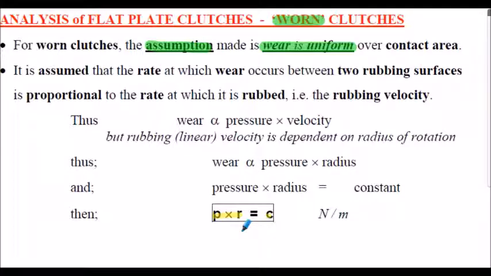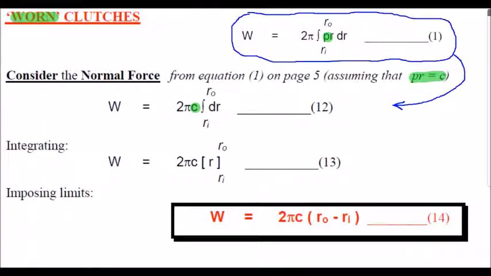But P multiplied by R must equal a constant C. So pressure times radius is equal to some kind of constant. We're saying the wear is constant across the surface. So that's the next assumption made. This is classified as worn clutch theory.